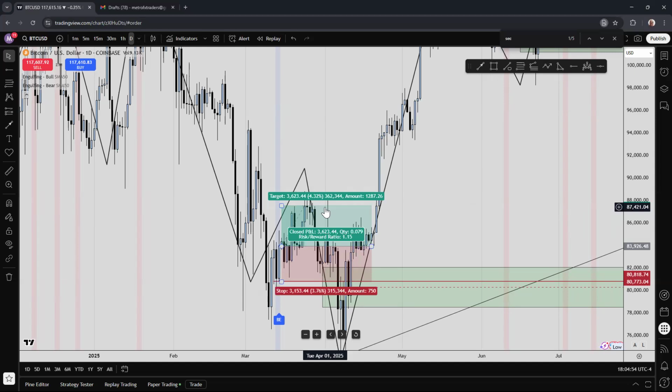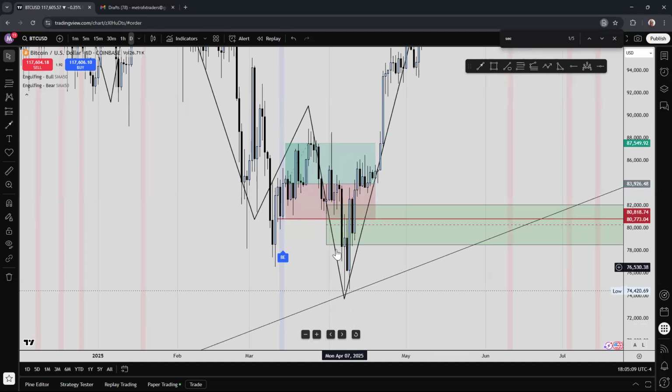You don't have to take every trade that you see, because as you can see on this particular candle and pattern, it did retrace back, and it would have stopped you out. It would have definitely stopped you out. And if you didn't have a stop loss, it would have really damaged your account down here. That's why we put stop losses to protect your principal. It's really important that you do that.